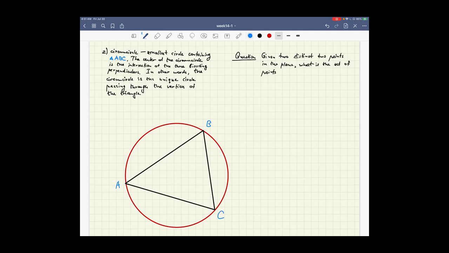Let's name these points A and B. What is the set of points equidistant from A and B?